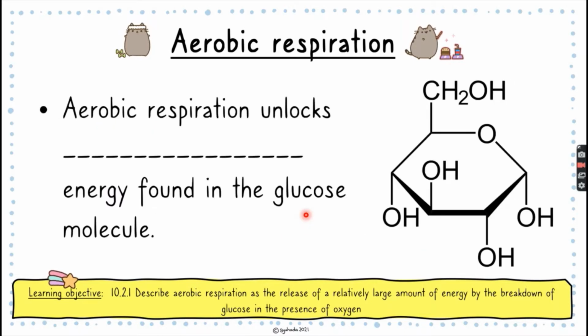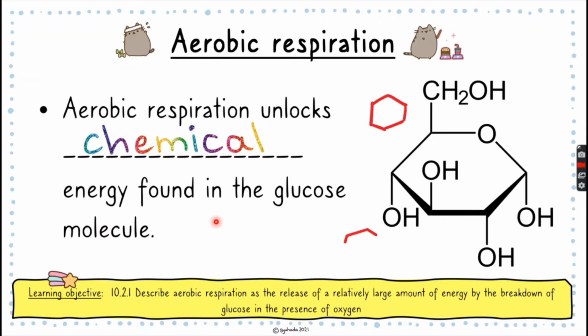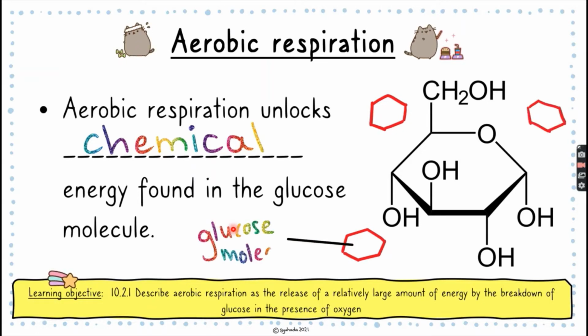Right, for aerobic respiration, what it actually does is that it unlocks the chemical energy that is found in the glucose molecule. So remember that we draw a glucose molecule as this hexagon shape. This is just a simplified drawing of the glucose molecule, and this is the structural formula of the glucose molecule.